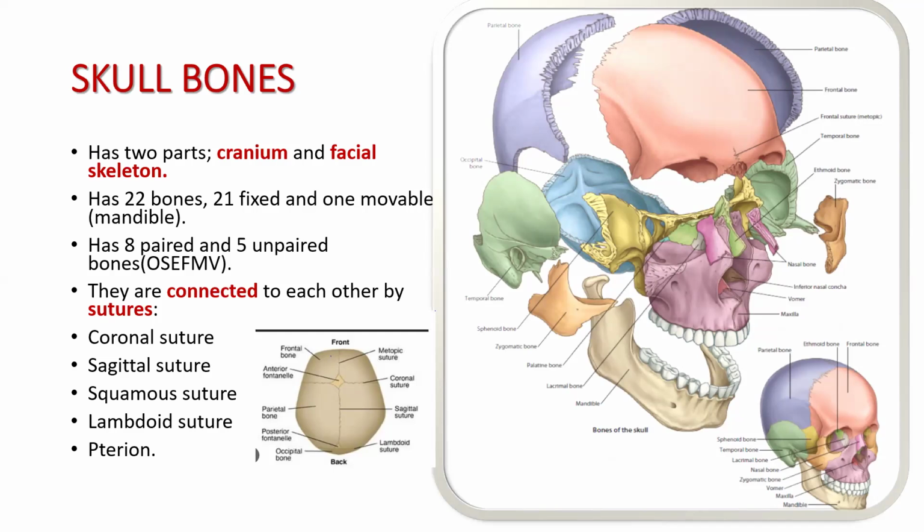So the two frontal bones are connected by the metopic suture, and then the midline suture which connects the two parietal bones is the sagittal suture. Then the suture which connects the parietal and the frontal bone is the coronal suture, and then these sutures meet in the midline, forming the anterior fontanelle.